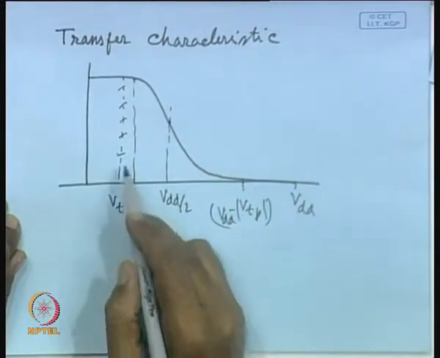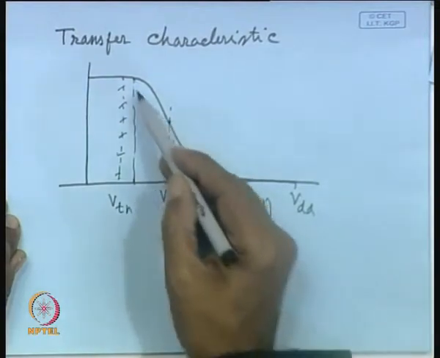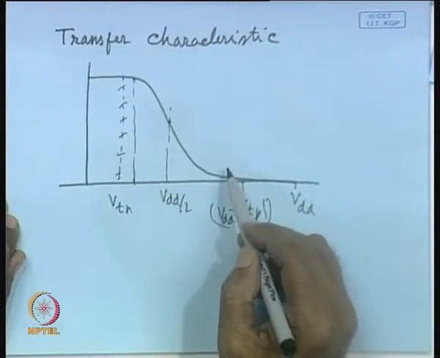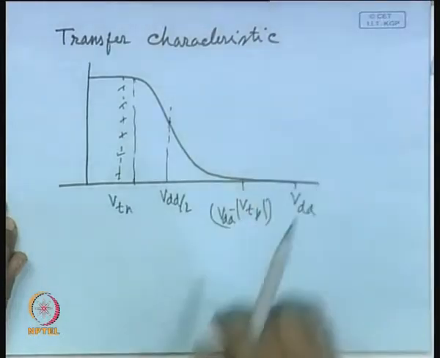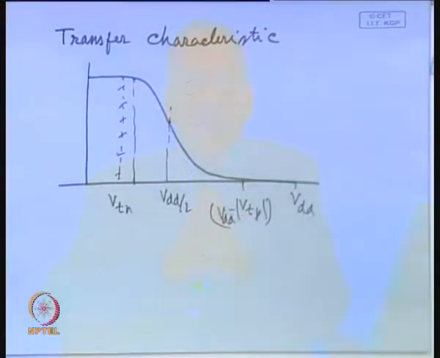So, we know that slowly the transition occurs because of the relative values of the P and NMOS transistors. We have already discussed this in detail. What change will take place in case of the BiCMOS inverter transfer characteristic?